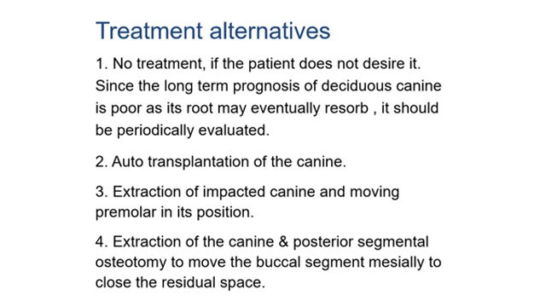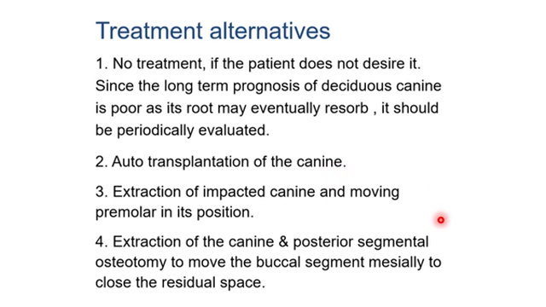Treatment alternatives. Usually no treatment if the patient doesn't desire it, since the long-term prognosis of the deciduous canine is poor as its roots may eventually resorb. It should be periodically evaluated if we leave the canine without treatment.